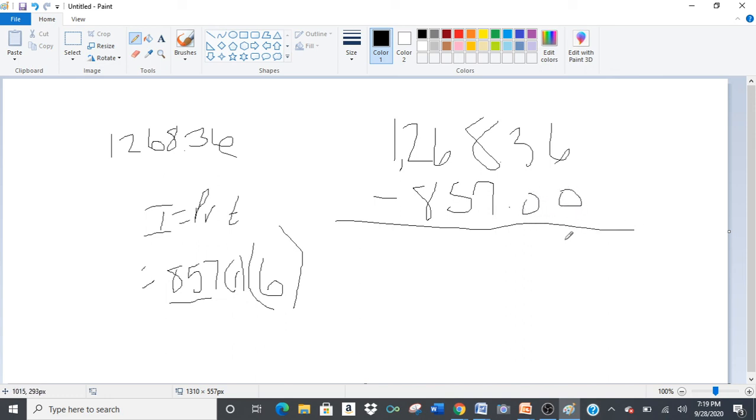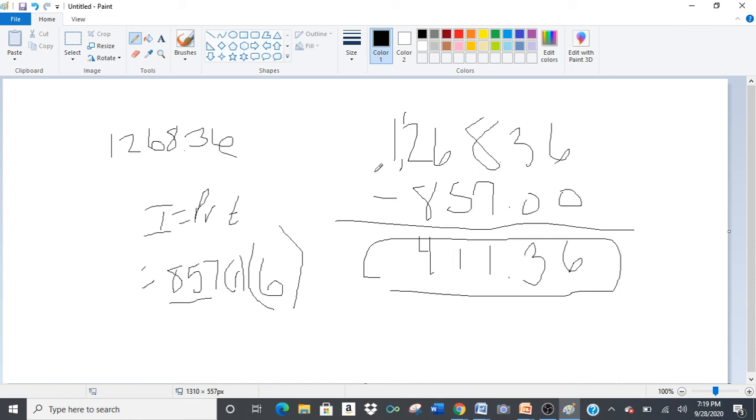So when you subtract the total amount that he paid minus the principal, which is the basic loan amount at first, it is $411.36. This is how much they added. All right. So we have that as our I.